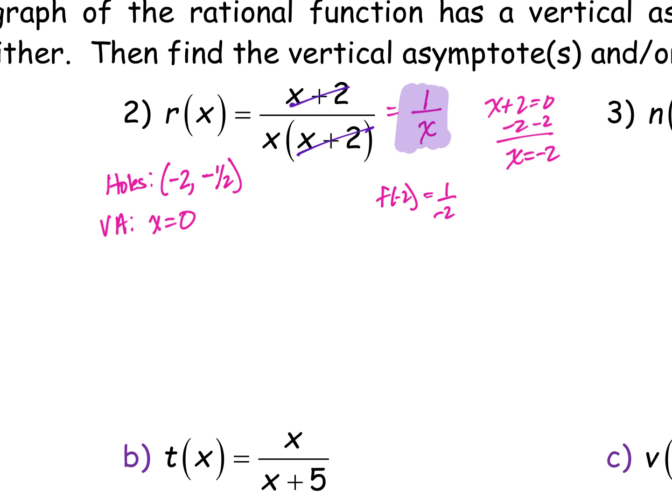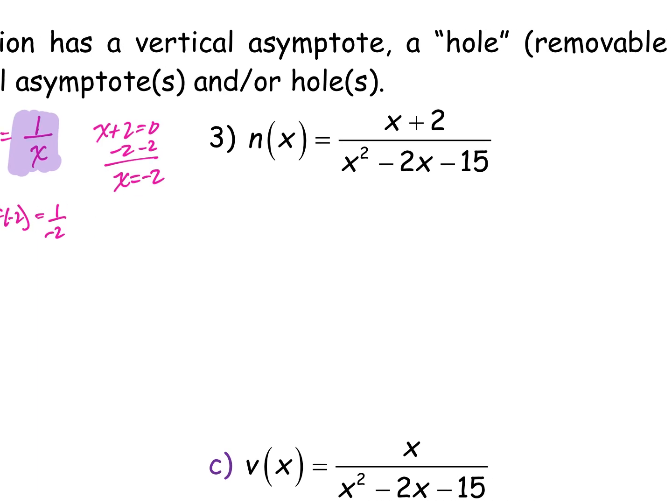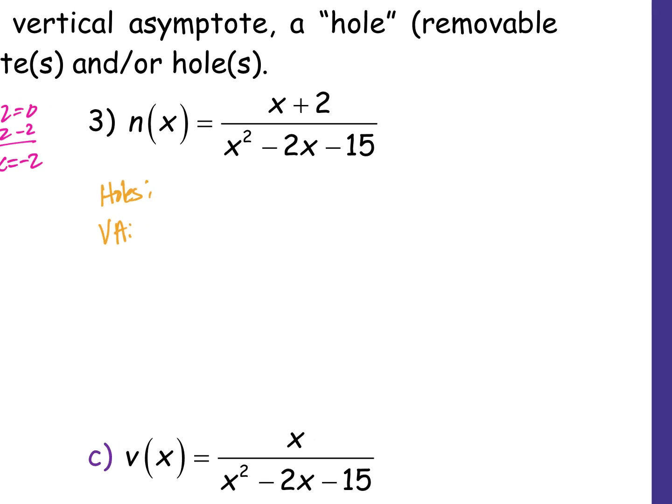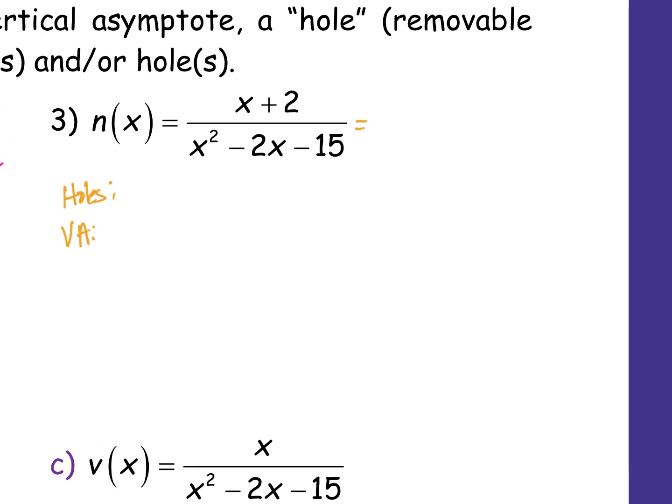We're going to do the same thing on the next problem. Okay, so holes and vertical asymptotes. So I guess I'm going to have to factor this. So I should get, what am I going to get? x plus 2 over x minus 5 and x plus 3.